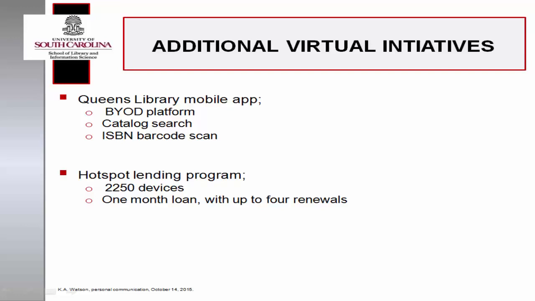It also features a catalog search, ISBN barcode scanning to enable library members to check library availability of titles located in retail outlets, and an Ask a Librarian live chat service. The library also introduced a hotspot lending program, making 2,250 hotspot devices available for up to 4 months.